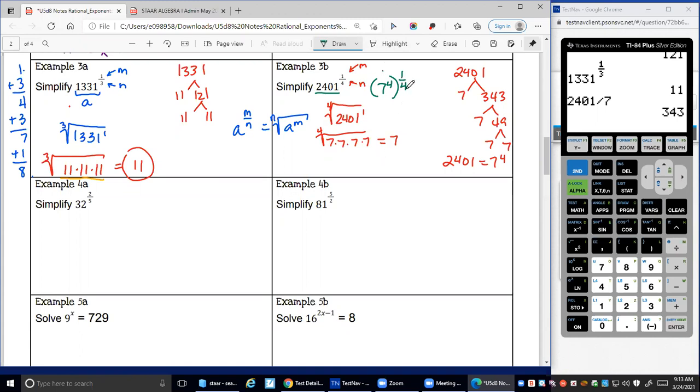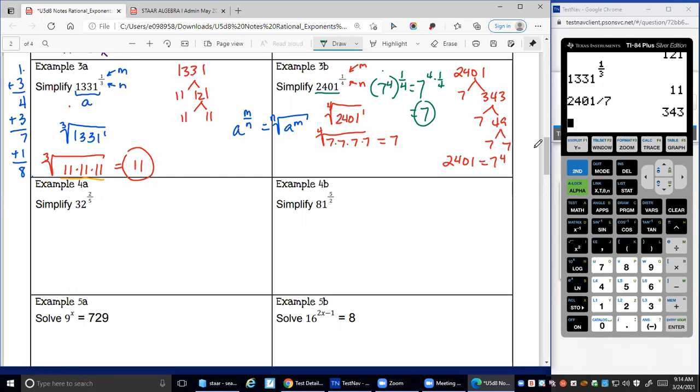According to my sheet, what am I going to do with my exponents because I have a parenthesis? Multiply. So that just becomes 7 to the power of 4 times 1/4, right? And 1/4 of 4 is 1. 7 again. You see that? Kind of slick. Okay. Any questions on this?